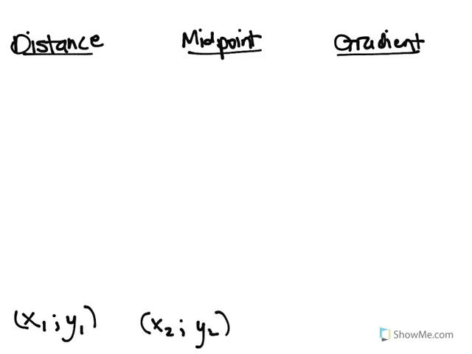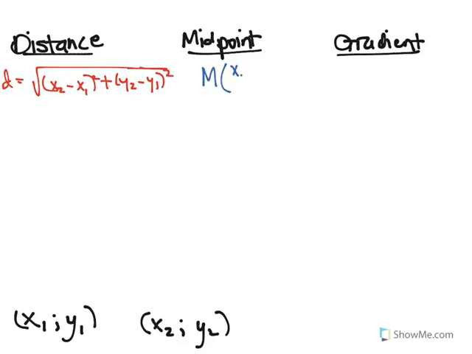What we've learned is that the distance between those 2 points is given by the square root of the difference between the x coordinates and the difference between the y coordinates. We've learned that the midpoint is given by the average between the x coordinates and the average between the y coordinates.